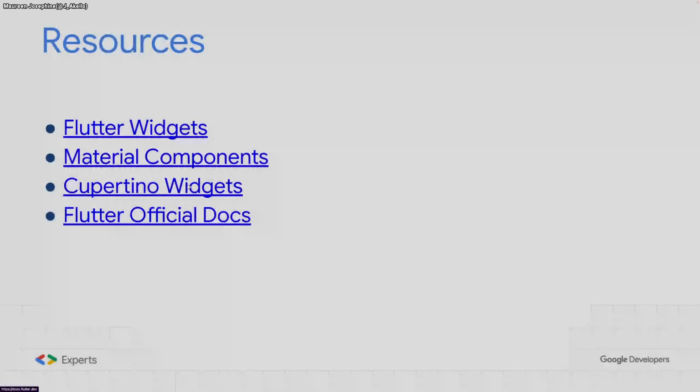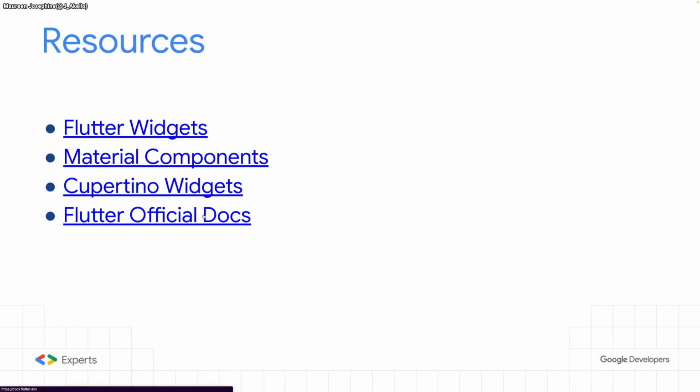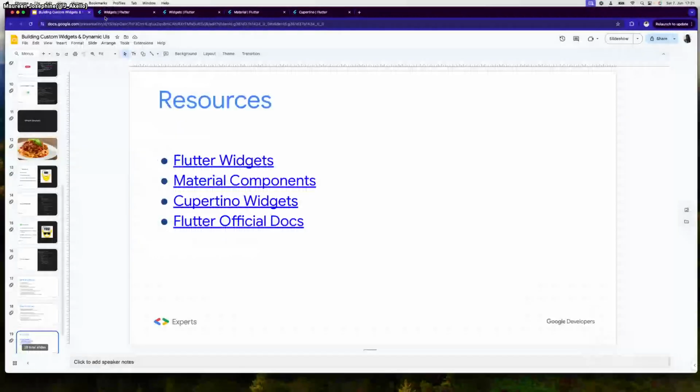So these are some of the resources that you can check out later. Flutter widgets. This is simply the widgets that we have within the Flutter library, and then Material components and the Cupertino widgets and the Flutter docs. I'll just share this briefly.